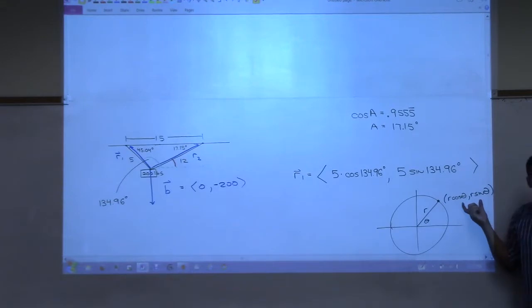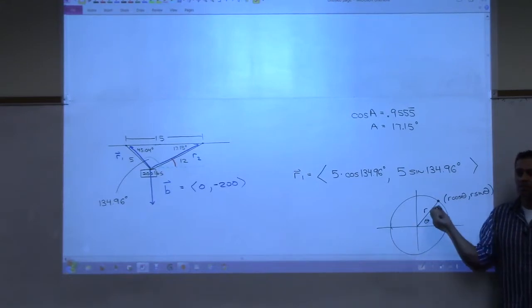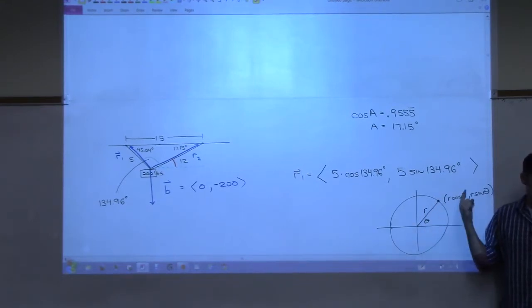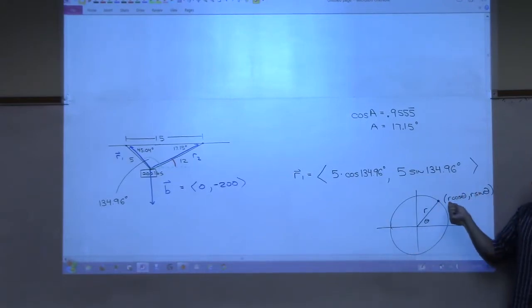That came off the definition of sine and cosine when we first introduced these trig functions on an arbitrary circle, not on the unit circle, right? On the unit circle, this is just cosine theta, sine theta. But on an arbitrary radius, you have to include the r in front of the cosine and the sine.